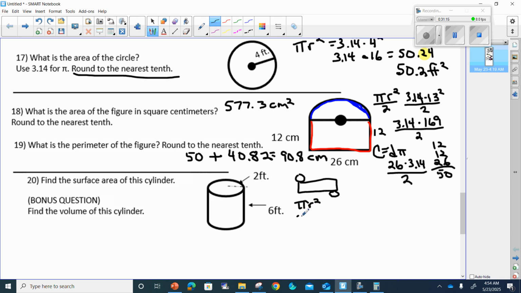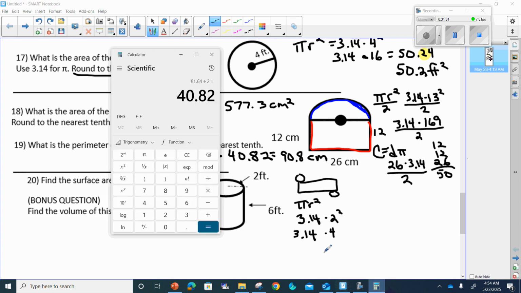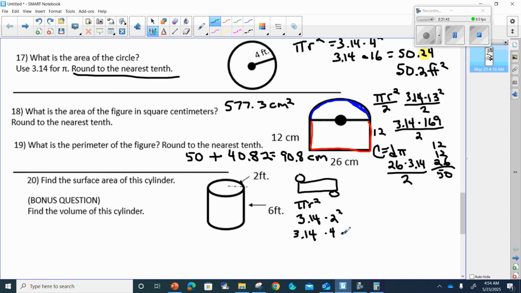We see that pi is 3.14. We're multiplying it to the radius squared. The radius is 2. 2 squared is 4. And 4 times 3.14 is going to give us 12.56. Yep, 12.56.